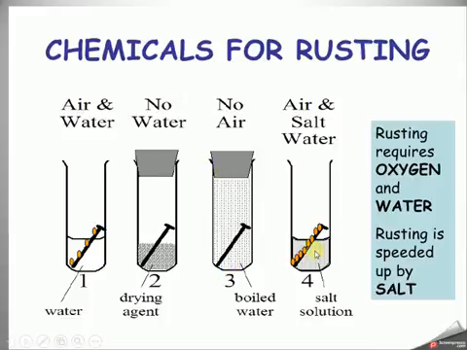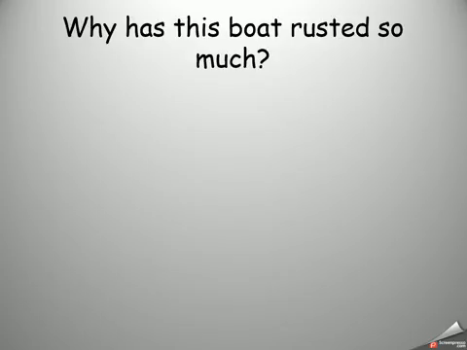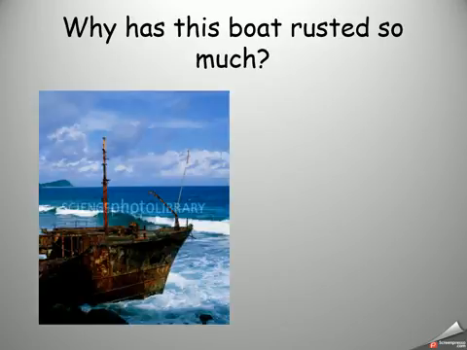Whereas you look at this test tube over here, this has got air and water, so you get rusting, but salt makes it happen a lot quicker. That's why when you go over to the seaside, you're going to get a lot of rusty cars, because salt speeds it up, and you can see this ship, which has become grounded.